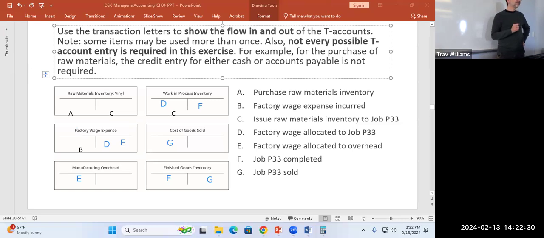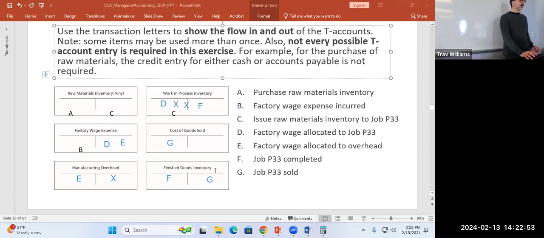But yeah, good thinking there. And they didn't have us allocate overhead to the job for some reason, but normally we would do that when the job was completed. We would take some of this manufacturing overhead and add that to the work in process inventory. So you get the idea.